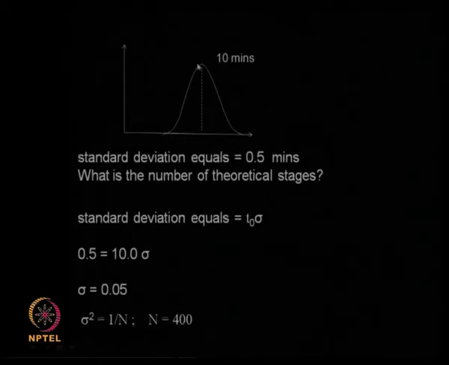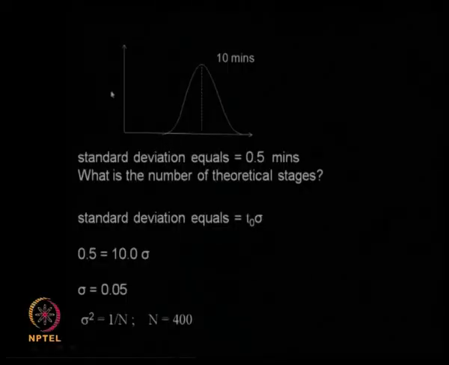Suppose I have two curves, and if the width is very small, the separation will be good. If the width is very broad, you are going to have an overlap of one curve with another. That means there is going to be an overlap of one solute with another, so you are going to produce a large amount of mixed solute. So this problem tells you how efficient this particular column is, based on the elution time and the standard deviation.